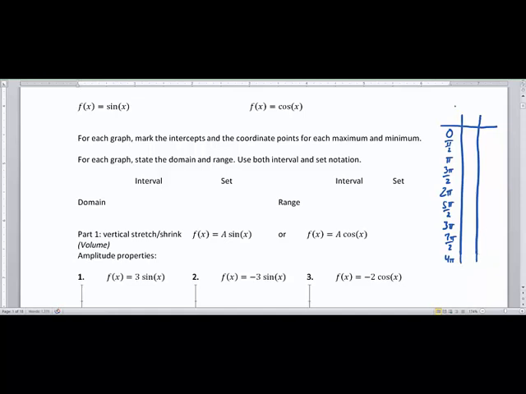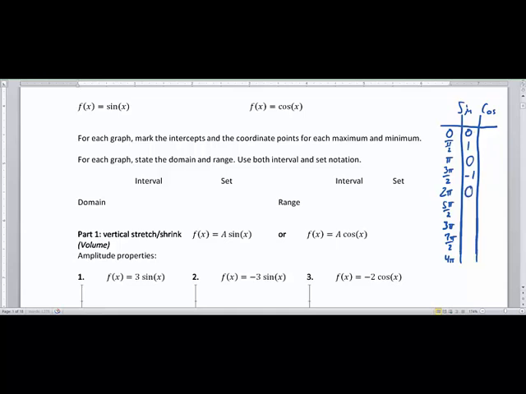So what we have is a sine wave here. Sine is going to be this column here, and cosine is going to be this column here. We're going to start off with 0, and then go from 0 to 1, and then back to 0 again, -1, and then back to 0.